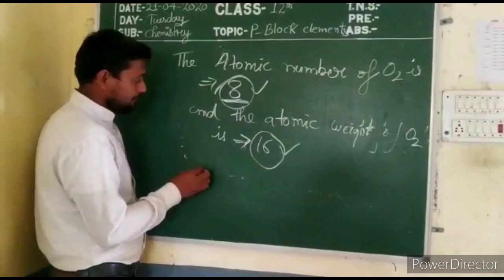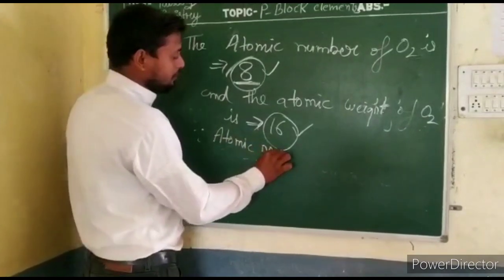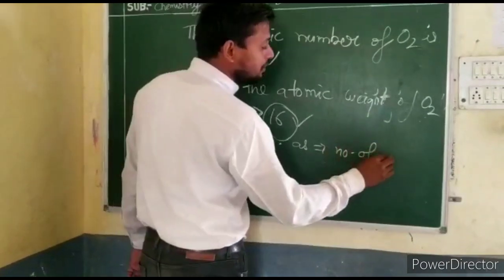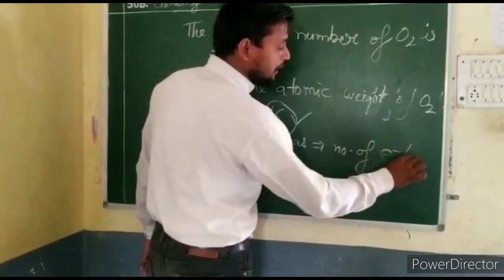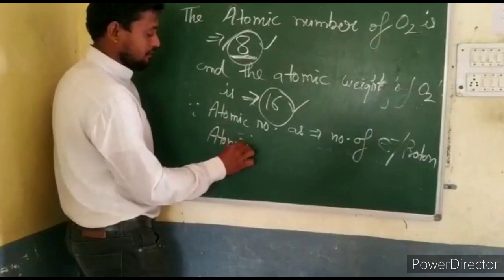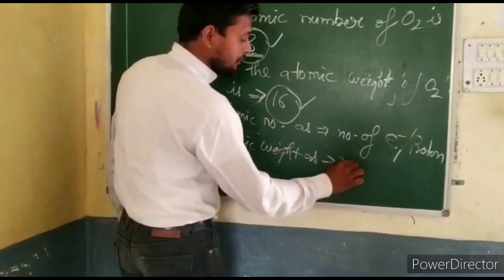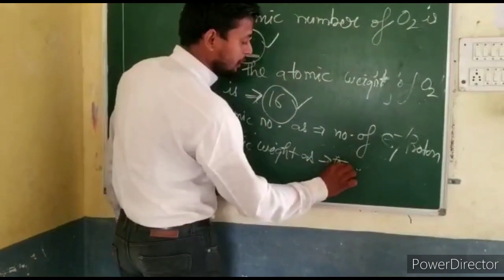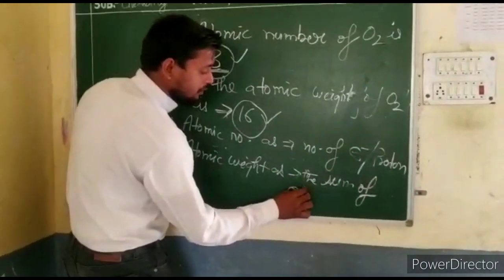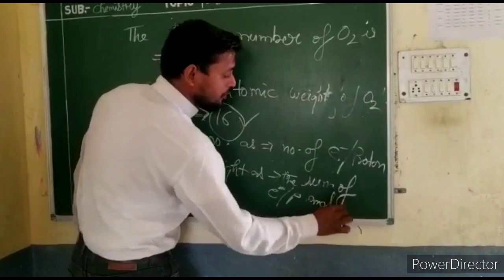So we can say that the atomic number is the number of electrons and protons, and the atomic weight is the sum of electrons as well as protons and neutrons.